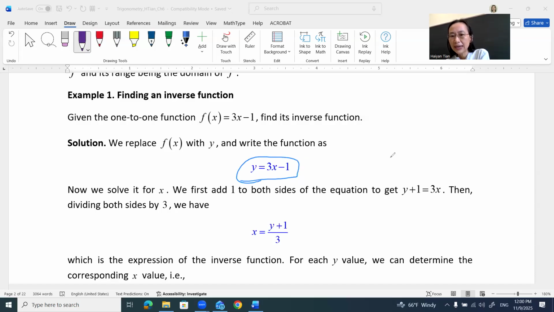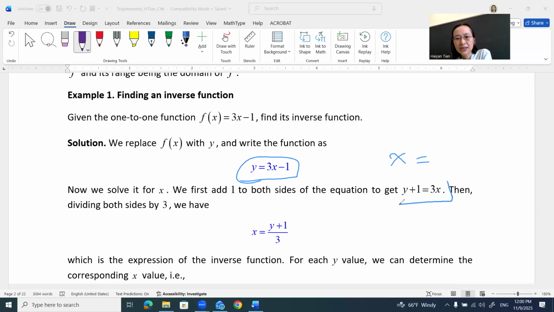That means I want to get x equals something given y. So by solving this equation for x, all we need to do is, step by step, we eventually get x isolated from this expression. So here we add 1 to both sides, right? So you get y plus 1 equals 3x.